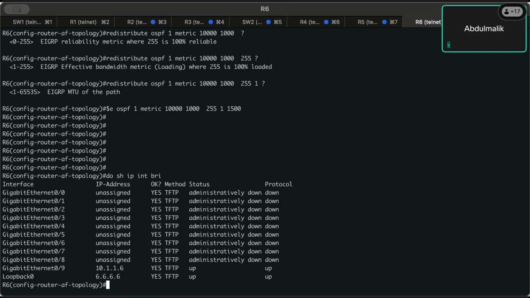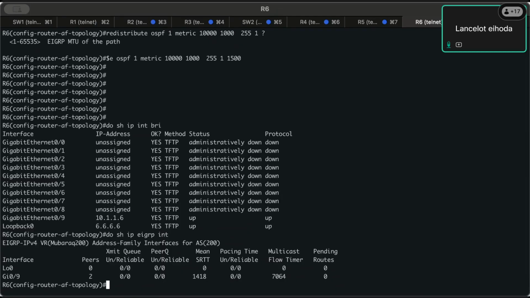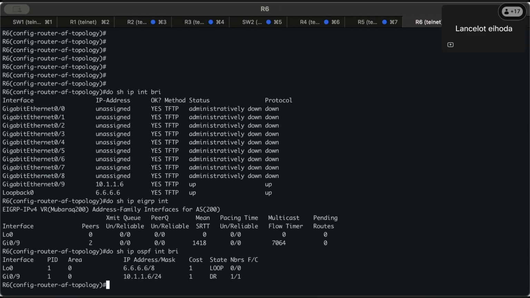Let me do a show IP EIGRP interfaces. You can see that its gigabit interface and its loopback interface are in EIGRP. You can see also that it's advertising its loopback and its gigabit interface into OSPF, right?